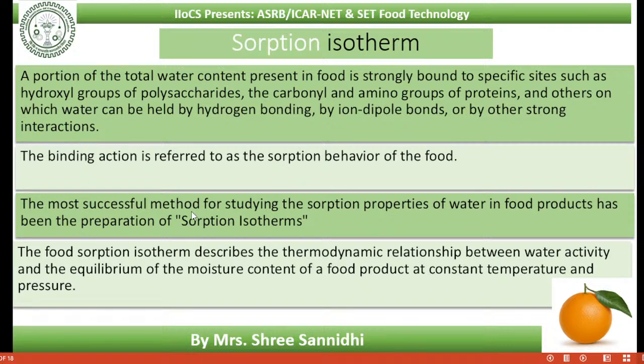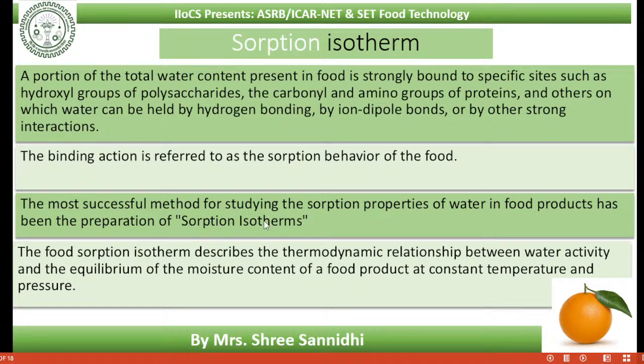The most successful method for studying the sorption properties of water in food products has been the preparation of sorption isotherms. You already know what sorption is: the binding property of food for the water content in the food. Isotherm: iso means same, therm means temperature. So at a constant temperature, we are causing this binding action.